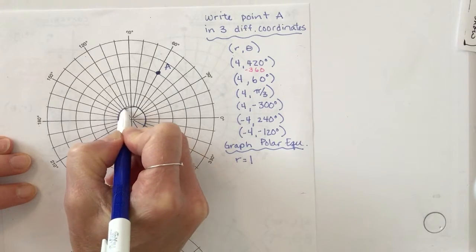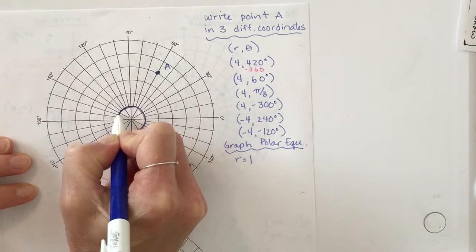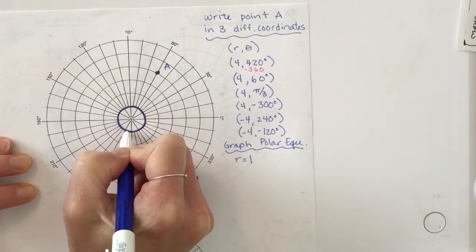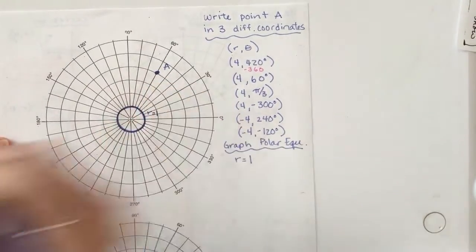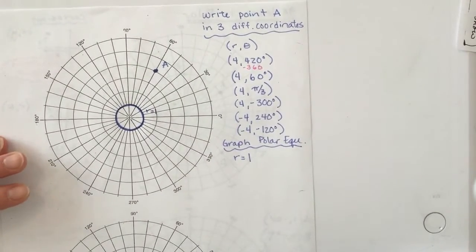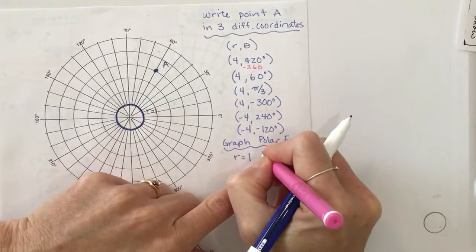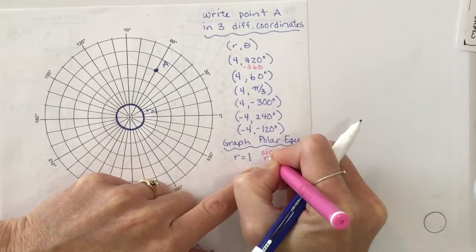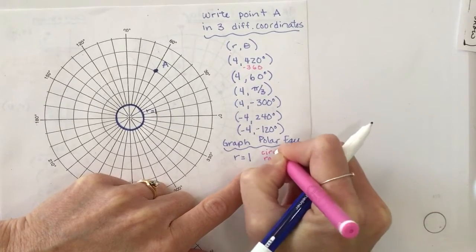So if I say r is equal to 1, that's representing this entire circle. And so we just graphed it. r is equal to 1. Pretty cool, right? So I'm going to bubble this circle with radius 1.